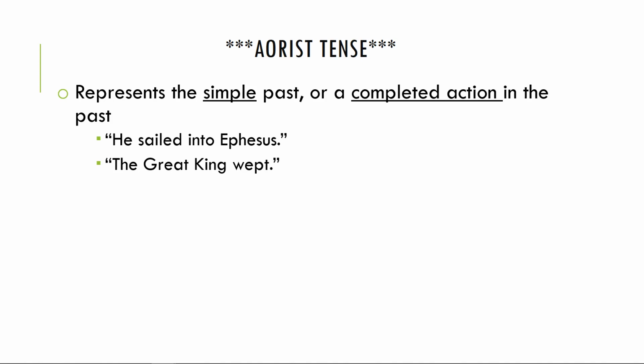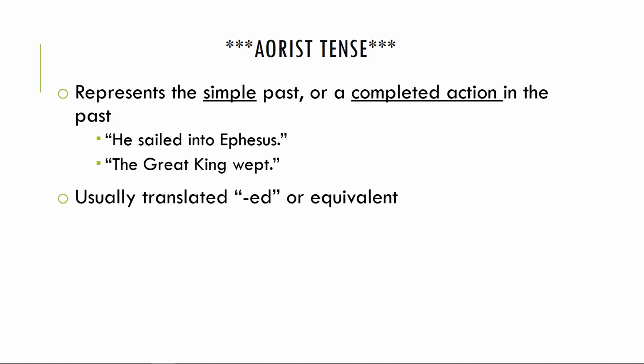He was sailing into Ephesus in the imperfect would mean he's still in progress, right? So this is simple, completed action in the past. It's by far a very, very common tense, especially if you're like me and you read a lot of historians and you read a lot of historical narrative. You can often translate it with the -ed or the equivalent like wept.